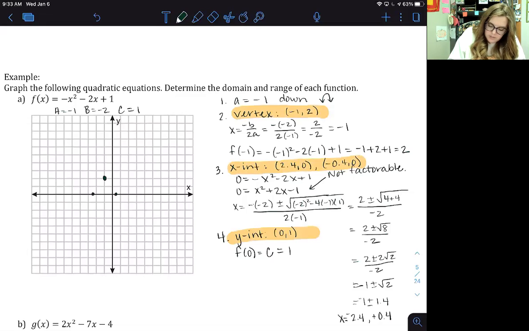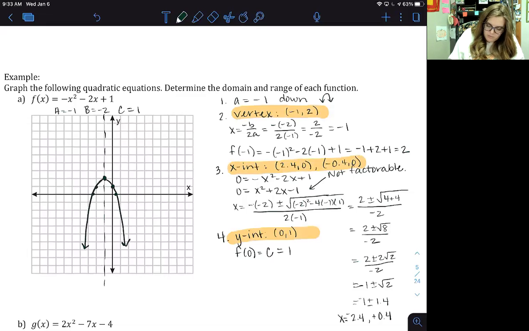We have our y-intercept of 1. And then I'm going to go ahead and draw that axis of symmetry. So that way we can reflect to find a 5th point. And then draw your parabola. Okay.